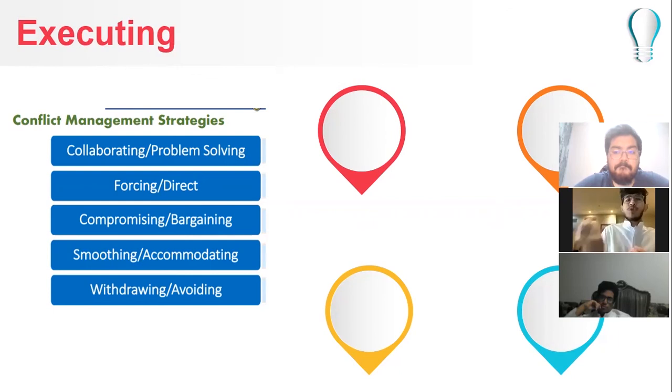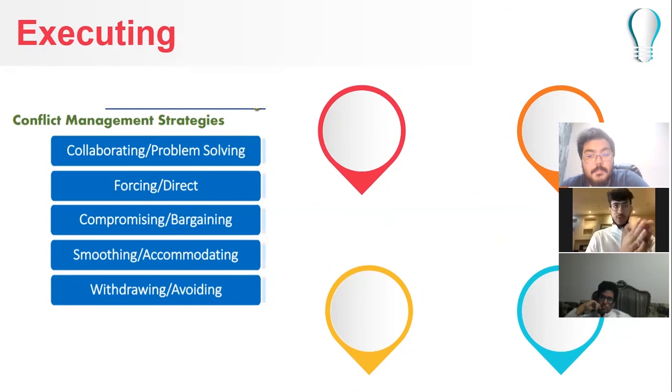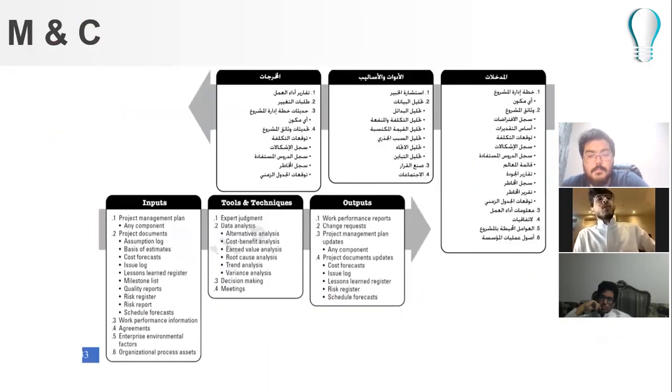Maybe the leader is smoothing. Maybe the leader is withdrawing or avoiding. At some point the leader should be direct, and at other points should go into details about smoothing with the other members. And next, Sameer.